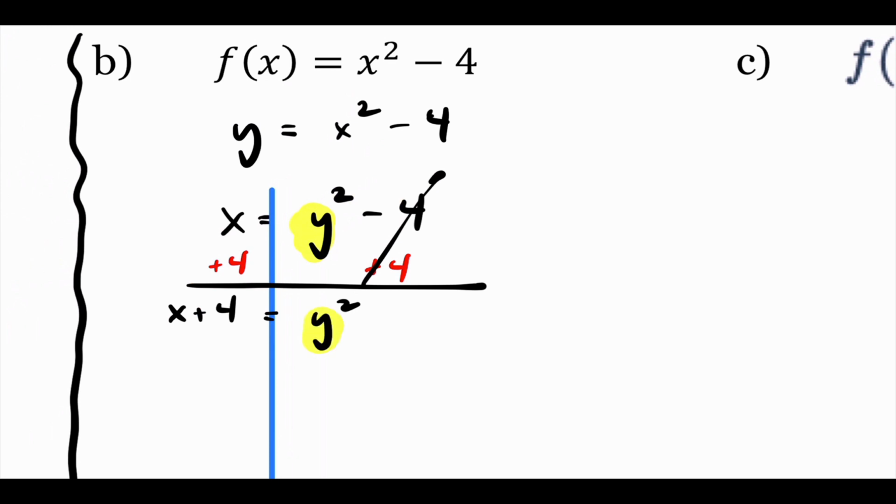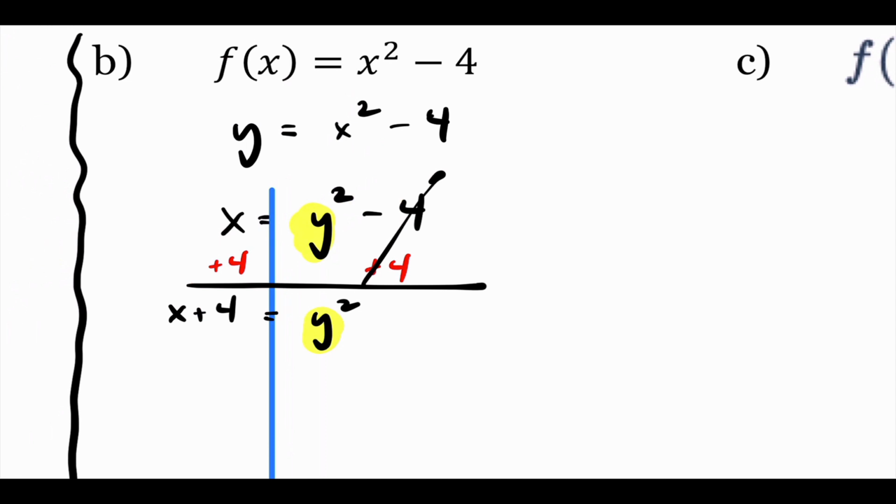So I almost have y by itself, but it's got a little squared. What's the opposite or inverse of squared? Yeah, square root, right? 5 squared is 25, right? So how do I get from 25 back to 5? Take the square root, right?